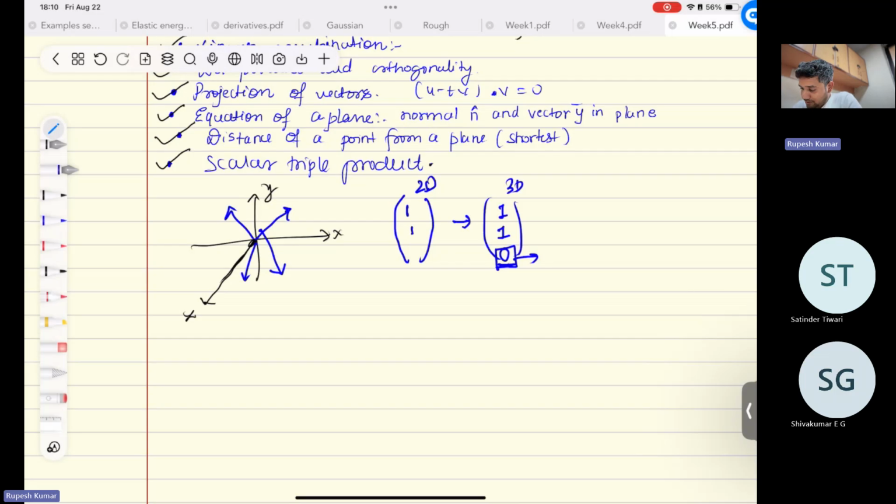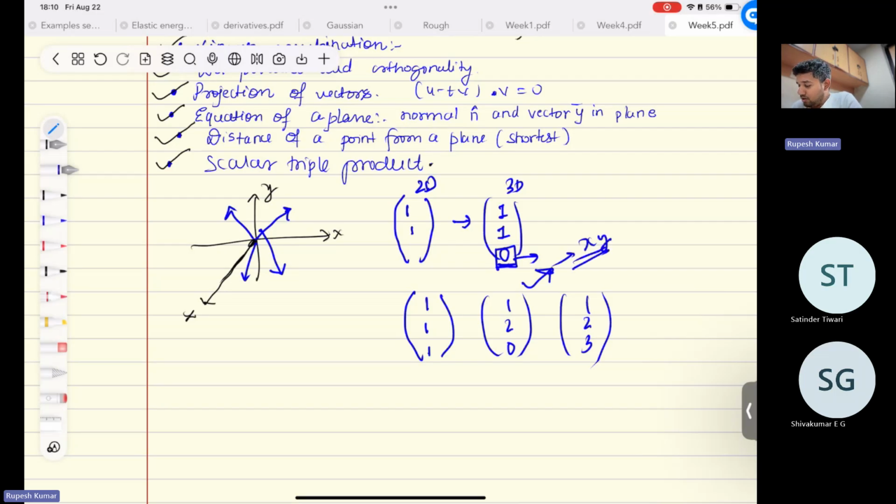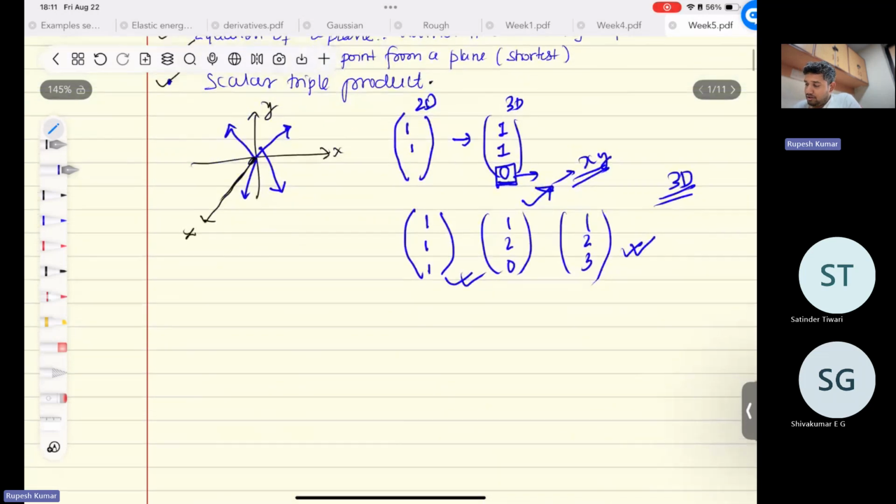So there are more vectors that can be represented using this kind of representation. For example, (1, 1, 1), (1, 2, 0), (1, 2, 3), something like that. So (1, 2, 0) existed in the xy plane also, but now we can also represent vectors like (1, 1, 1) and (1, 2, 3) in the 3D space if we consider all three basis vectors, right?